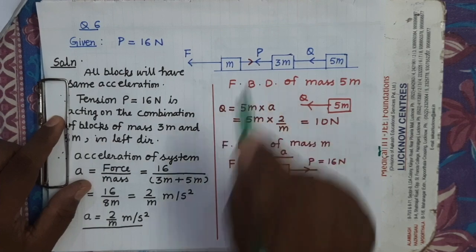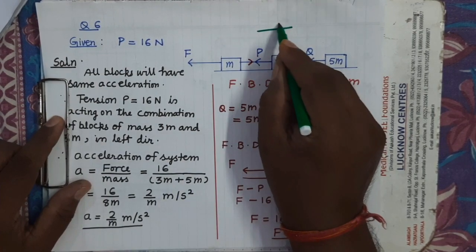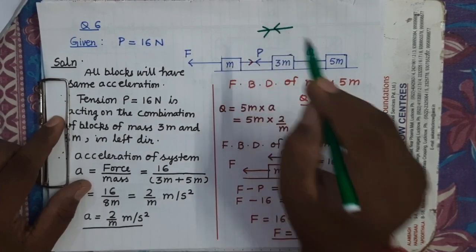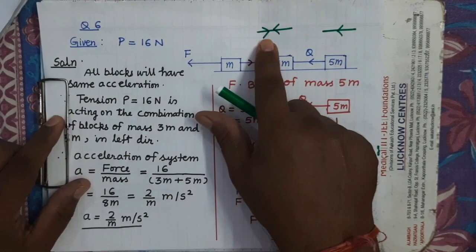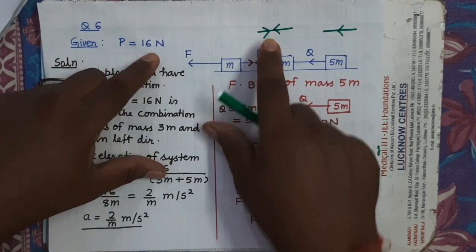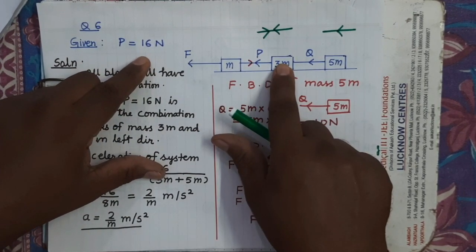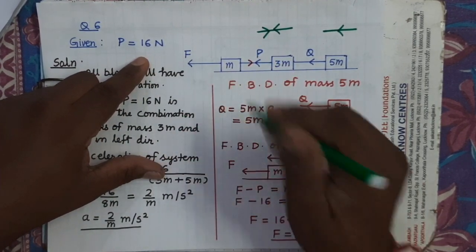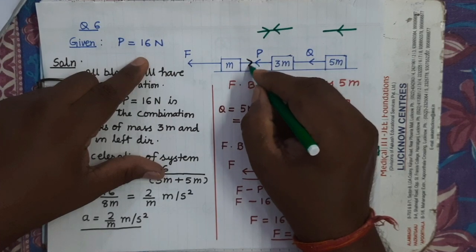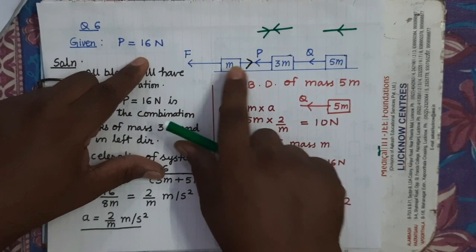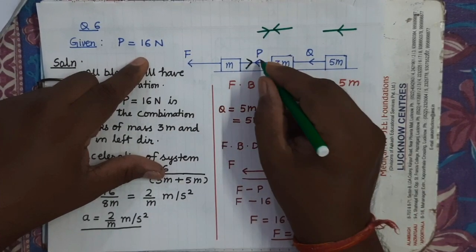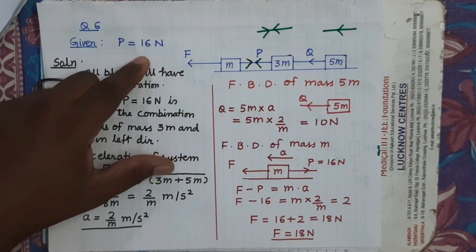Tension always acts in both the directions. We show the tension like this. It's clear. In the diagram it is shown this way in one direction, but actually it is like this. Means here 3M is pulling M by applying the force P in this direction, while M is pulling 3M by applying the force in this direction. It's clear.